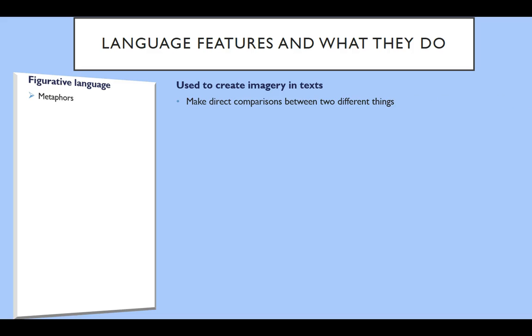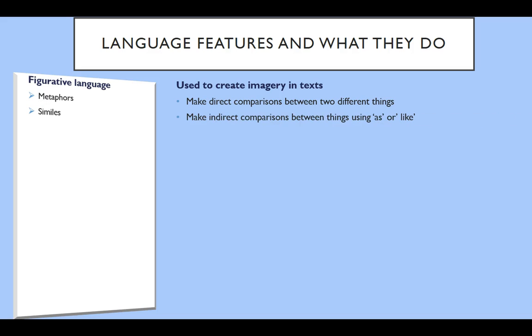Metaphors are used to make direct comparison between 2 different things, often 2 very different things, to suggest qualities about one thing by comparing it to another. Metaphors make that comparison directly, and they do not use any comparative connectives.